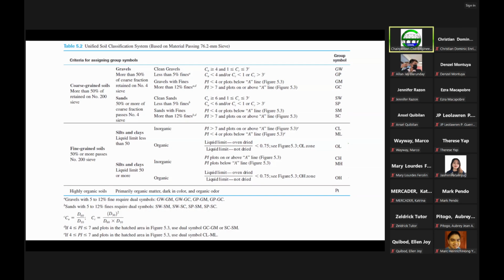Here there's a footnote A. Let's see the footnote for the clean gravels. For gravels with 5 to 12% fines, because this is less than 5, and take note this is more than 12, so there's no between.